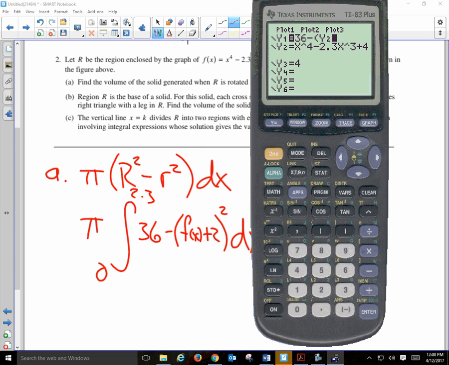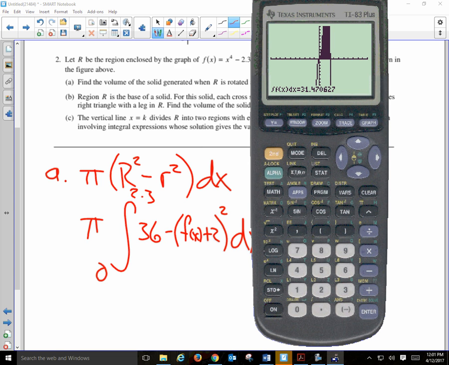It's y sub 2 plus 2 squared. And I'm going to calculate number 7. It should be positive the entire time from 0 to 2.3. And I get 31.47.